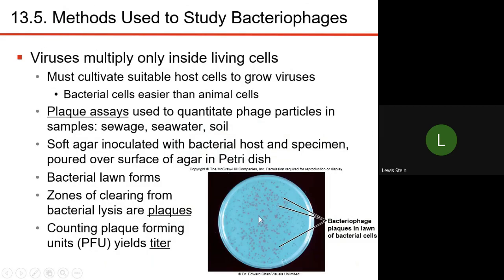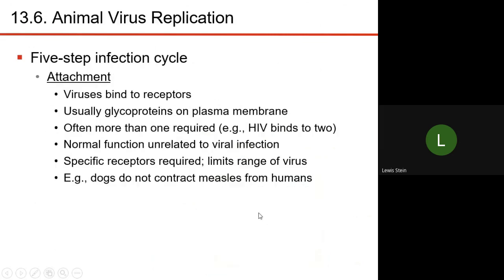Okay, and then this is one of the questions: the plaque, being able to assay that and look at the effectiveness of it. Animal viruses, this is the big one. Sometimes it'll involve more than one. That's where HIV binds to two, very specific.